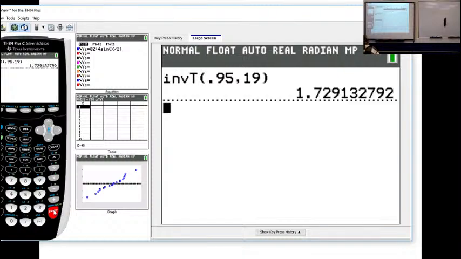But then our t-score is going to be 1.729. Our area to the left was the 90% plus 5% in the tail, so 0.95. Our degrees of freedom was 19, our sample size minus 1.